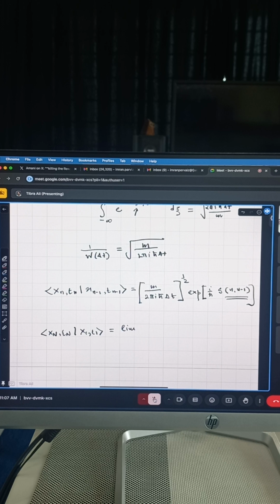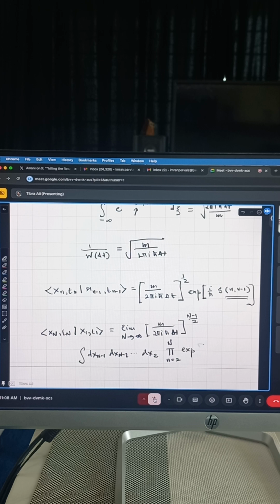Now since there are n minus 1 of these factors, there's going to be n minus 1 factors of normalization, and then we have the integrals dx n minus 1, dx n minus 2, dot dot dot, dx2, and then we have here the exponential, where n goes from 2 to big N, and here we have exponential of i by h bar s of n minus 1.